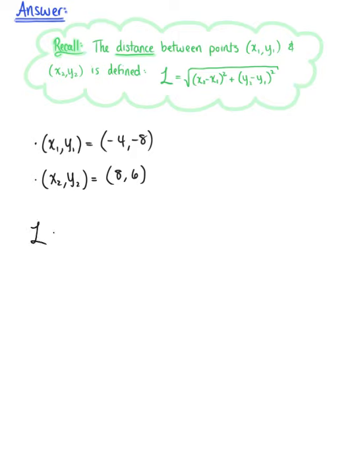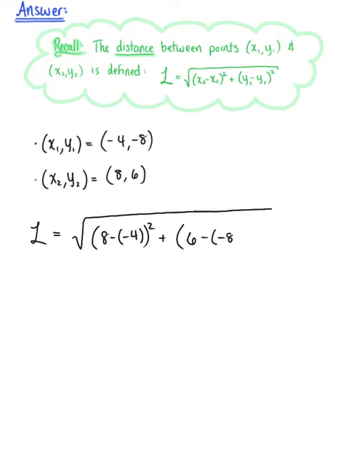So we can say that the length of the line segment, or the distance between these endpoints, is defined as this big ol' square root of (8 minus -4) squared plus (6 minus -8) squared.